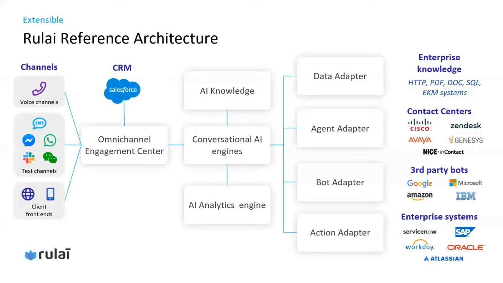That is why we have the data adapter to extend the virtual assistant's knowledge to external enterprise knowledge. That's why we have the agent adapter to extend virtual assistants with human agents. And that's why we have bot adapters to extend one bot with other bots. That's why we have action adapters to extend the virtual assistants to other enterprise systems.